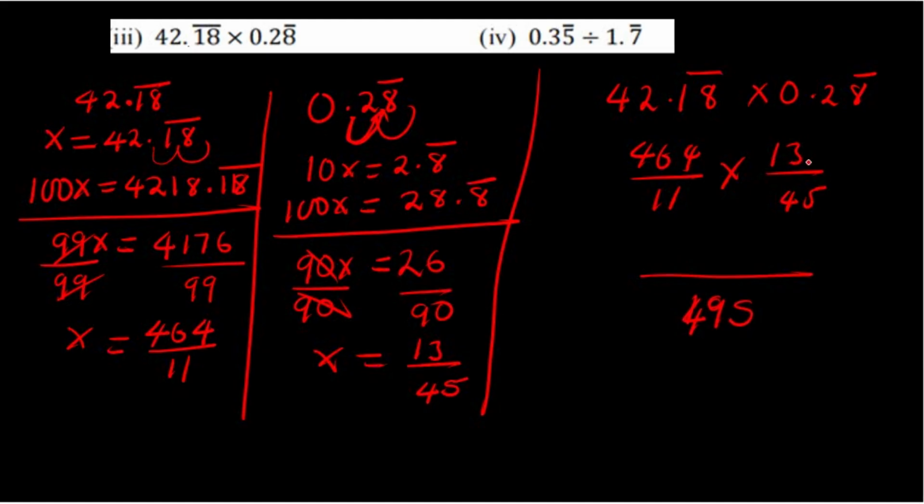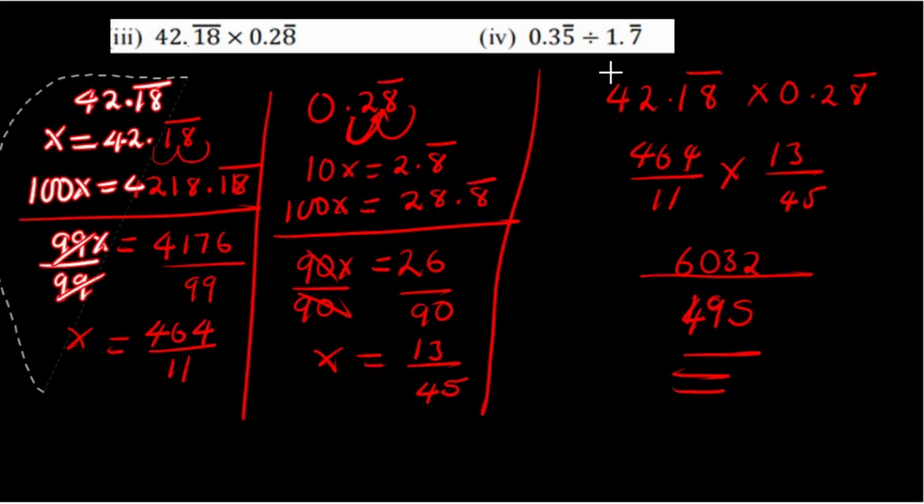Then 464 times 13, you shall have 6032. So if I divide by that one, will that be the same? Yes, it will just be the same. There's no difference. Okay, let's also look at the other one.